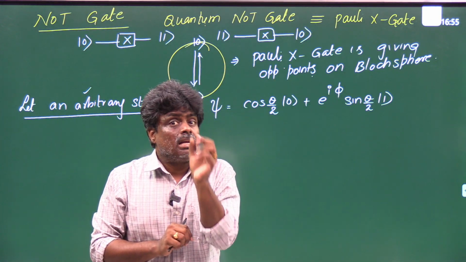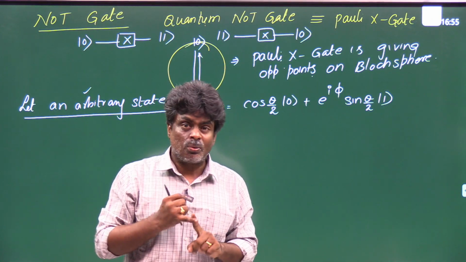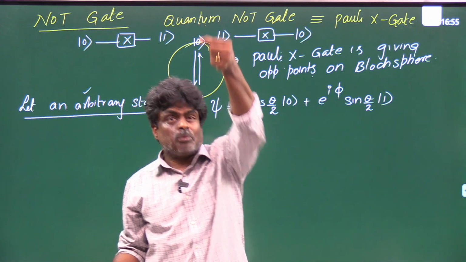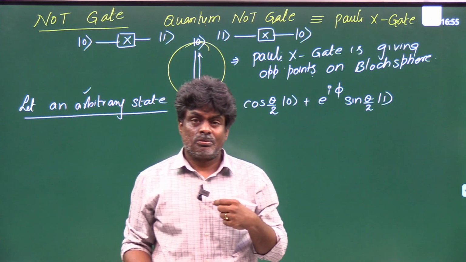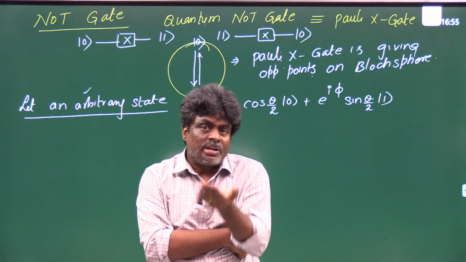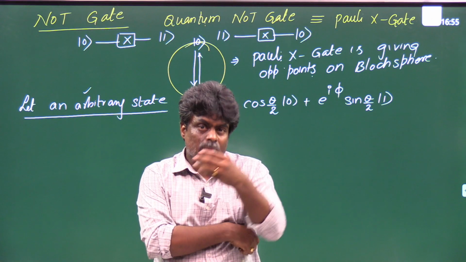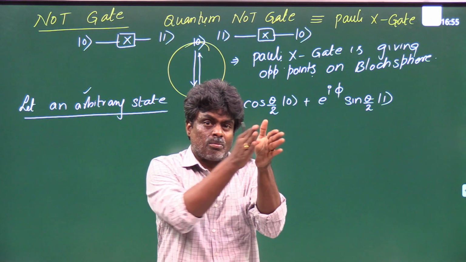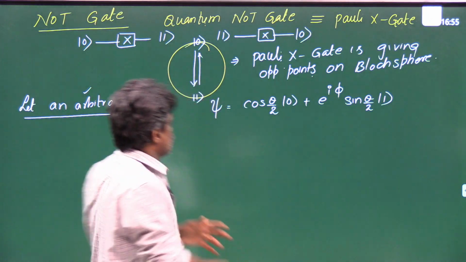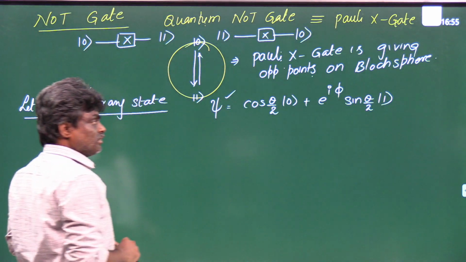If you take a single pure qubit 0, you get 1; 1, you get 0. That means north pole to south pole to north pole. So the Pauli X gate is converting points on the Bloch sphere from one side to another side, quite opposite points. Now I am trying it for an arbitrary state.